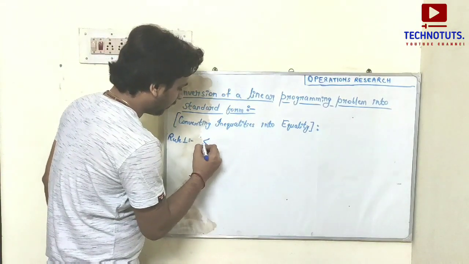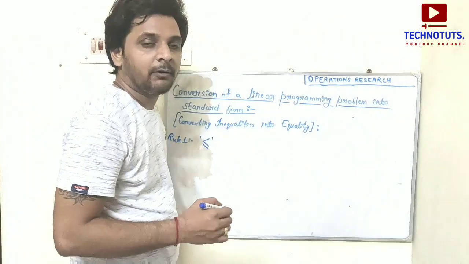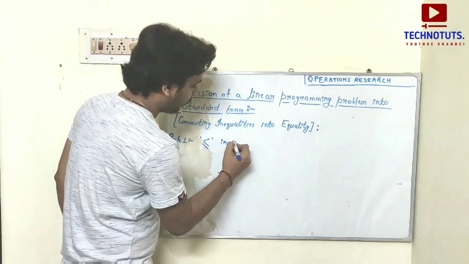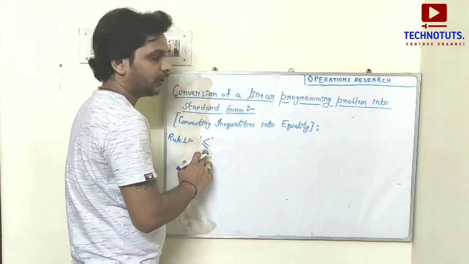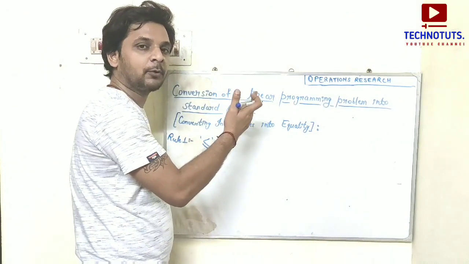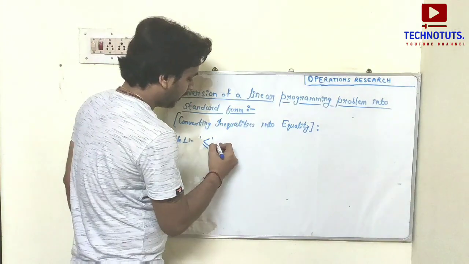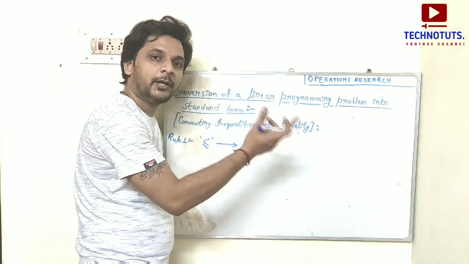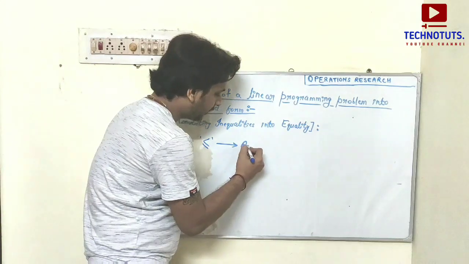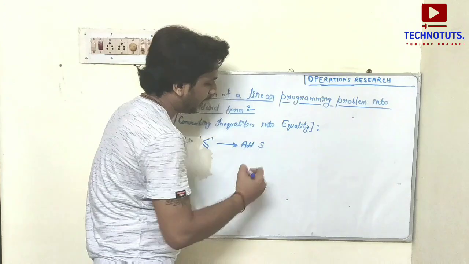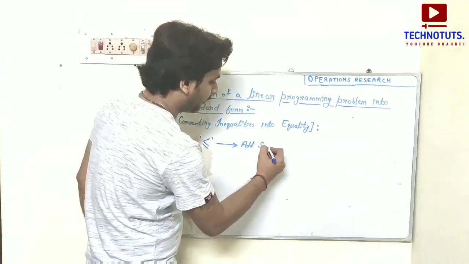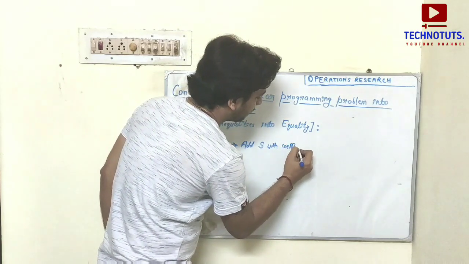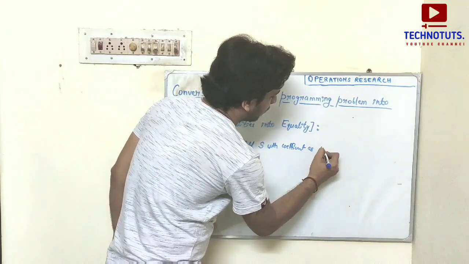Whenever the less than or equal to sign appears in the constraint equations of a linear programming problem, this inequality can be converted into equality by adding a slack variable s in the constraint equation with its coefficient as unity.